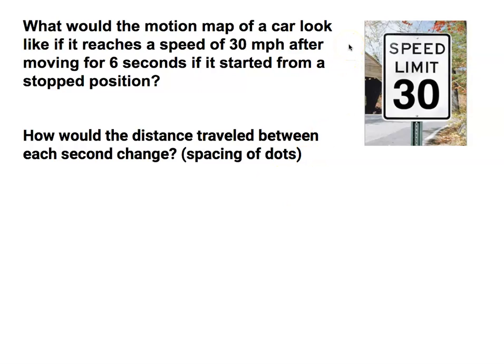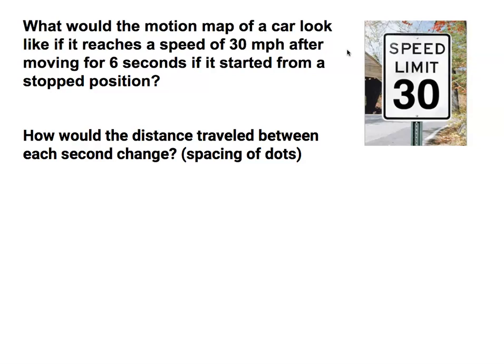But what would the motion map look like of a car if it reaches a speed of 30 miles per hour after moving for 6 seconds, if it started from a stop position? How would the distance traveled between each second change?